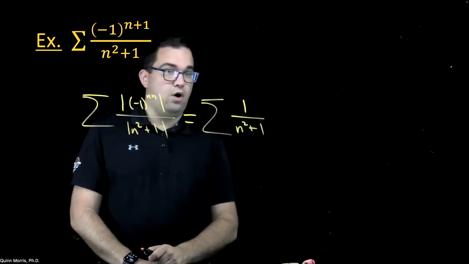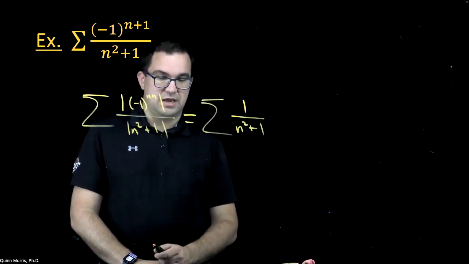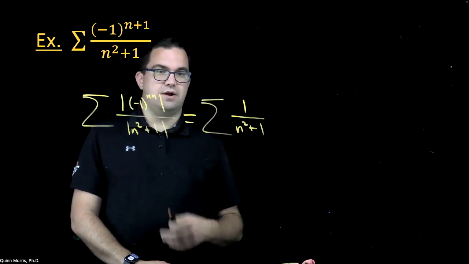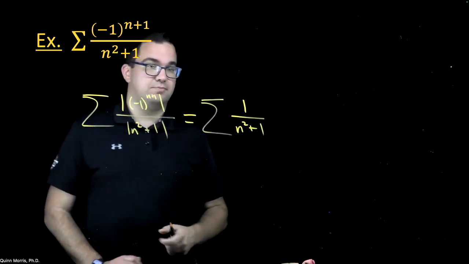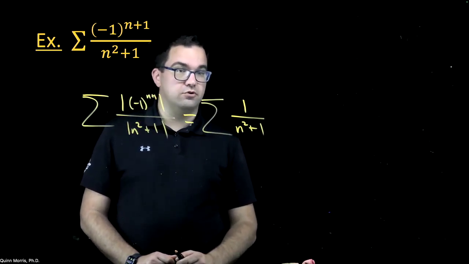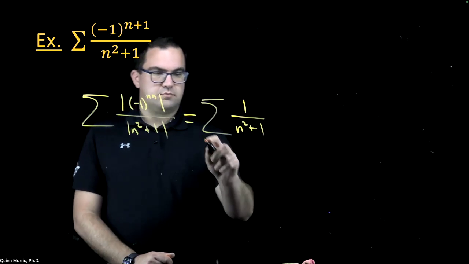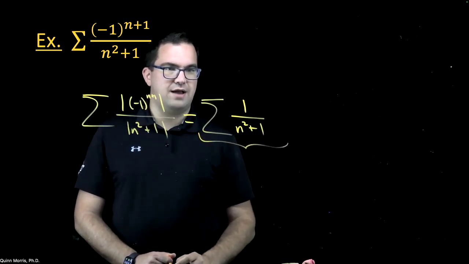Now, this is not one that I can immediately look at and say, oh, I know that this converges or I know that this diverges. But I probably have a guess. I think that this should behave like 1 over n squared, which I know converges. So right now I have a question, essentially: does this series converge or diverge?